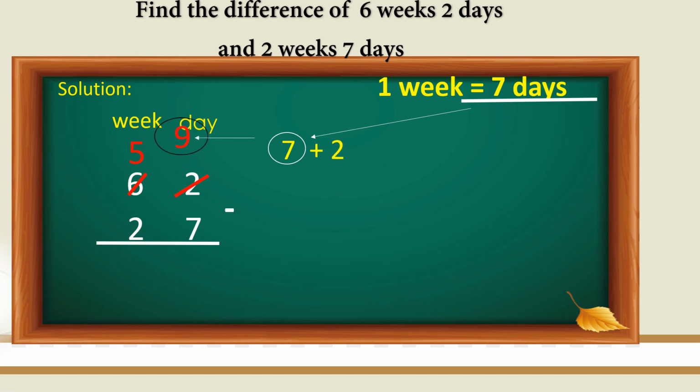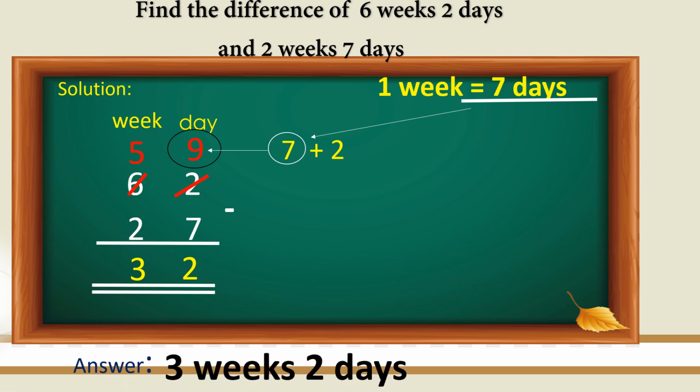So it will become 9 days. Very good. Now let's subtract. 9 minus 7 equals 2. Very good. Next, we are going to subtract the week. 5 minus 2 equals 3. For our final answer, we have 3 weeks, 2 days.